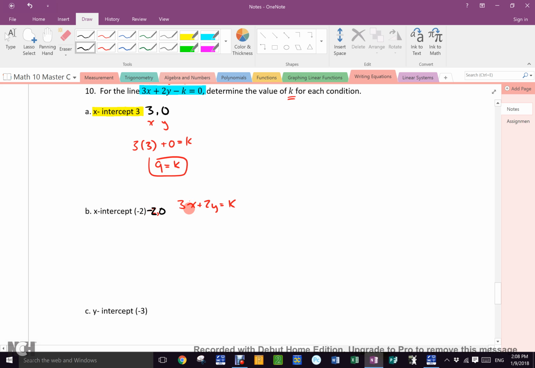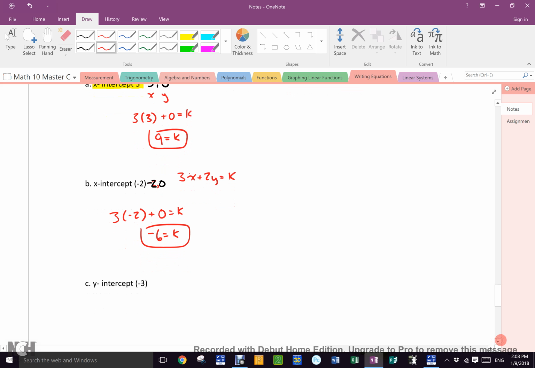What goes in for the x? 3 times -2. What happens to the y? Plus 2. Bye-bye. What's 2 times 0, Ethan? So it disappears. Equals k. What's 3 times -2? -6 equals k. Everybody good?